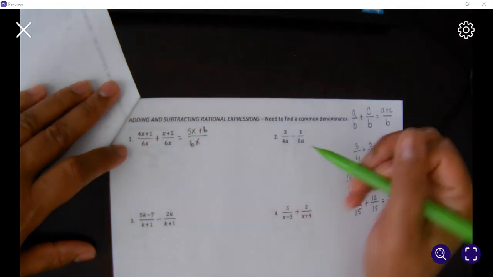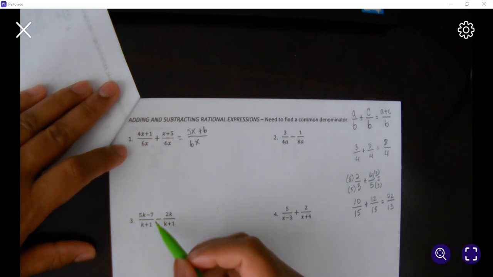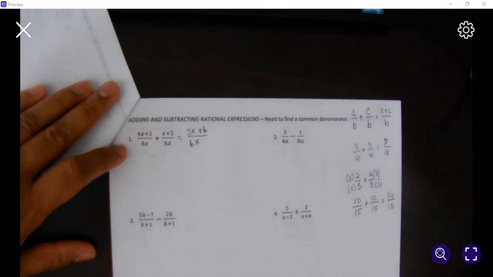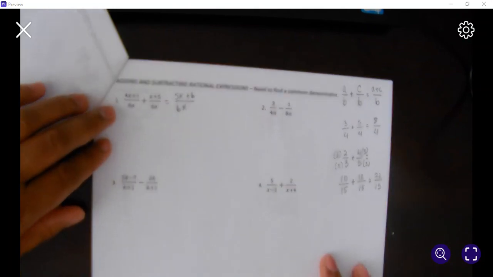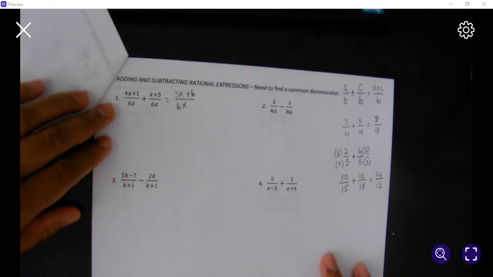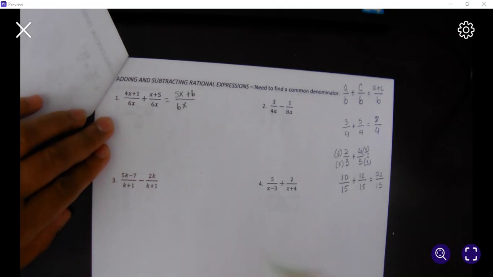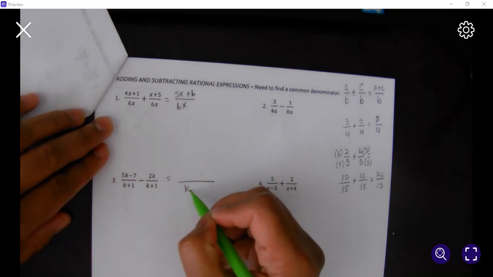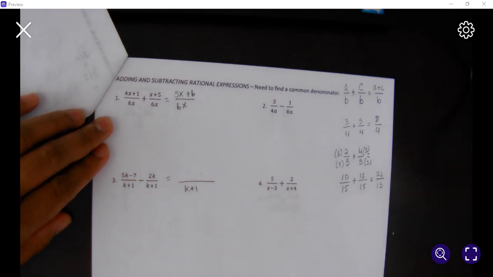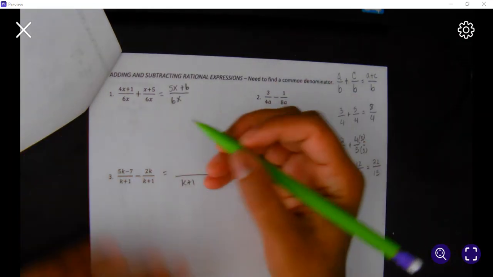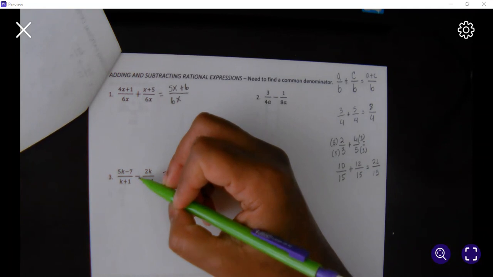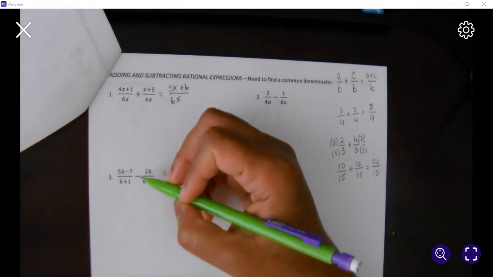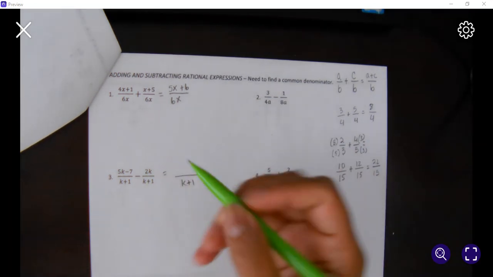I'm going to do number 3, and then I'll come to these two. Since there's a common denominator, I can go ahead and just bring it over, k plus 1. When we're subtracting, this is how I usually like to put it.